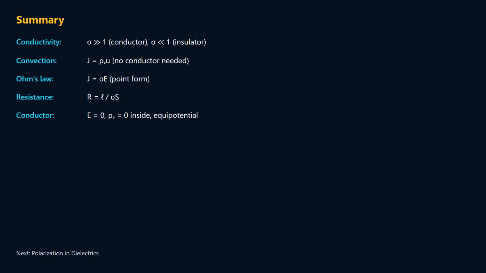Conduction current density follows Ohm's law, J equals sigma E. Resistance is R equals L over sigma S. Inside a conductor under static conditions, E equals 0, the conductor is equipotential, and any excess charge sits on the surface. In the next lesson, we will study polarization in dielectrics and derive the modified form of Gauss's law for materials.